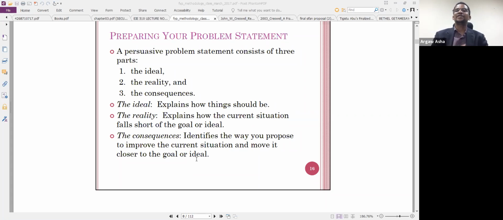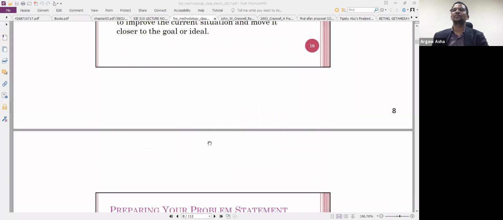The third one is the consequence. What are the consequences after you conduct your research, for the result? It identifies the way you propose to improve the current situation and move toward the goal, the ideal point.